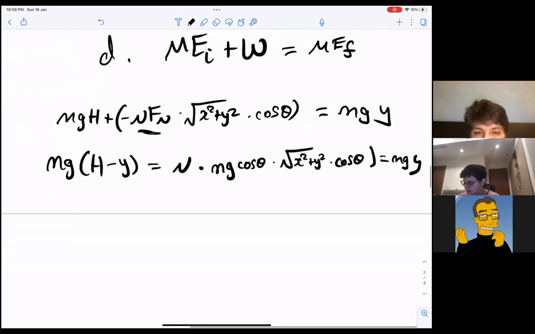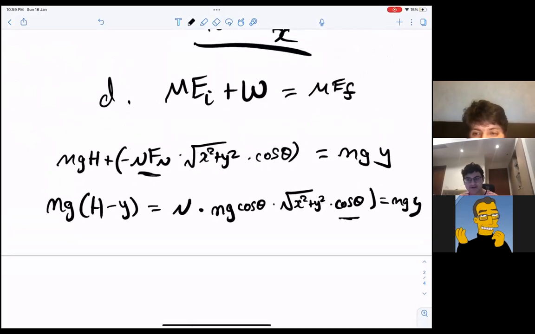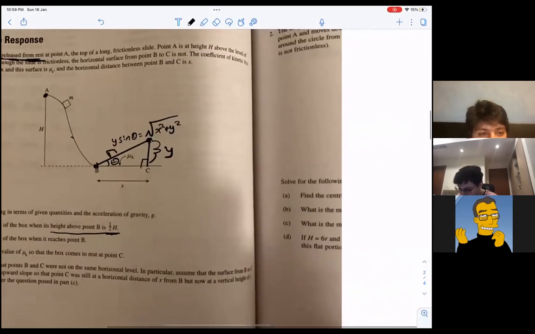Okay. So now there's one thing that's a bit confusing here. This cosine theta from the work equation is actually turning out to be 1, and that is because the block here is moving in the same direction as the forces applied onto it. That is not to be confused with this theta, which will later apply when we're solving for Fn.